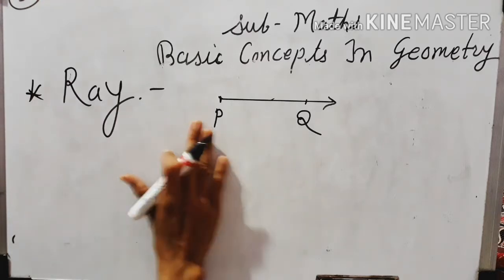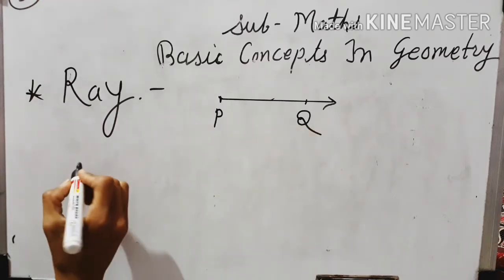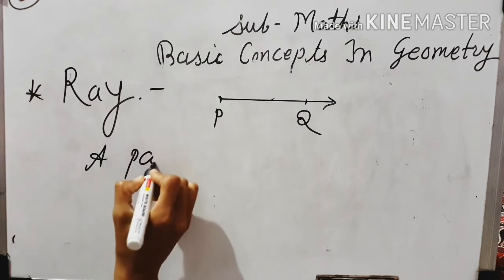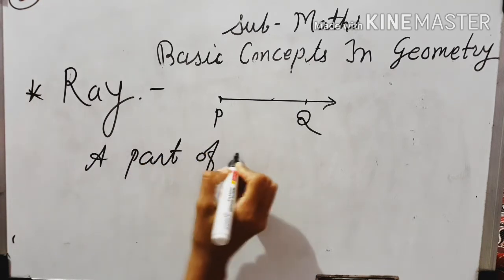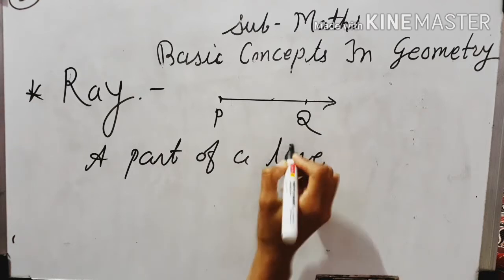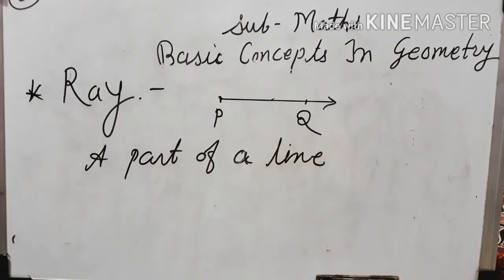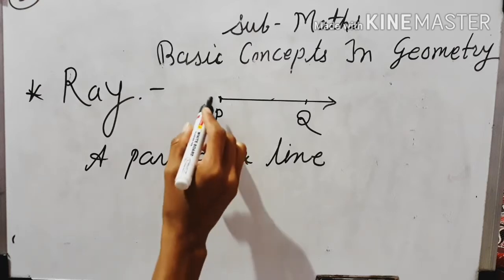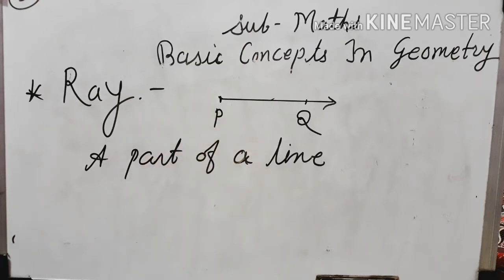A ray is a part of light. It starts at one point and goes forward continuously in the same direction.